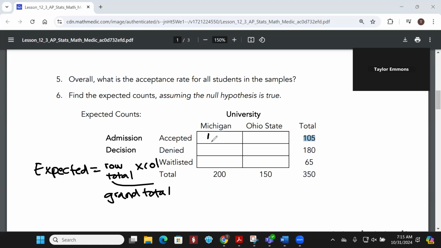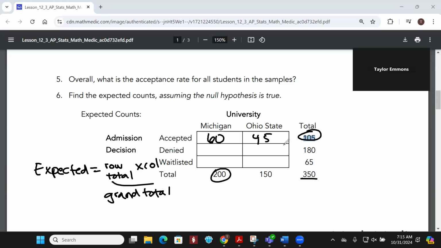Yes, because that gives us 60. So looking up at the top chart, what was the total this way? It was 105. What's the total this way? 200. Multiply those together, and then you're dividing by 350. That is 60. Now, if the total is 105, what does that make this one then? There you go.